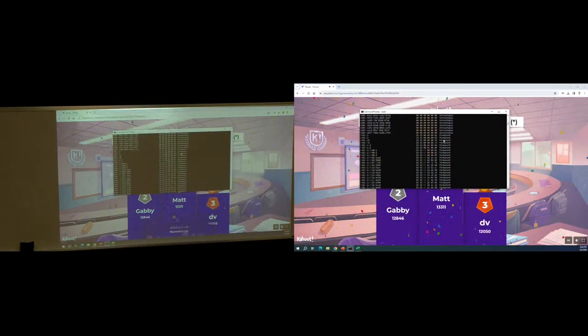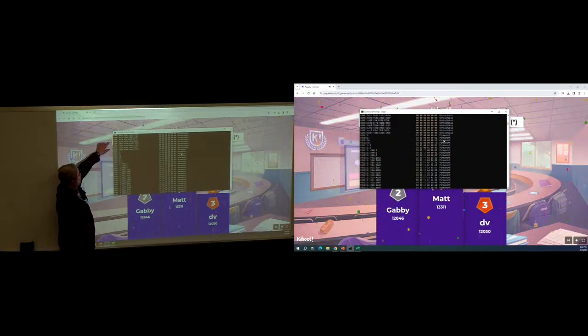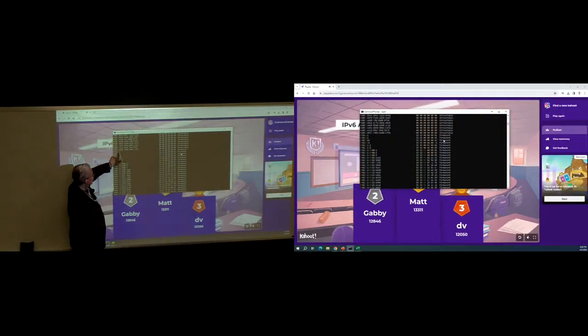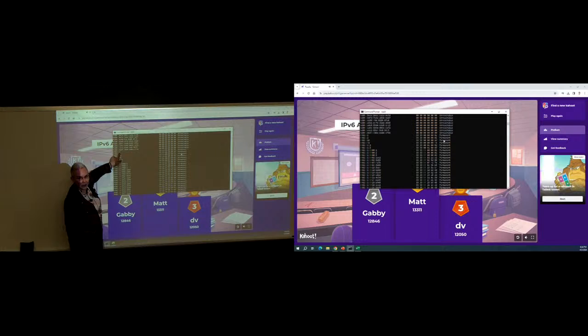So here is a look at the different link locals on our network, but then also look at this, FF02::1, what is it? It's a multicast for all hosts, FF02::2, all routers, and then here's some other multicast groups that it belongs to.